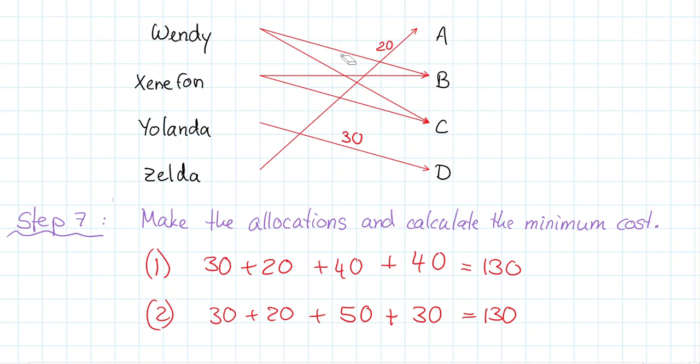So I can say Wendy is supposed to do C, well then Xenophon is supposed to do B. Right? Doesn't make a difference. So try out this Hungarian algorithm in exercise 9b, questions 6 to 11.